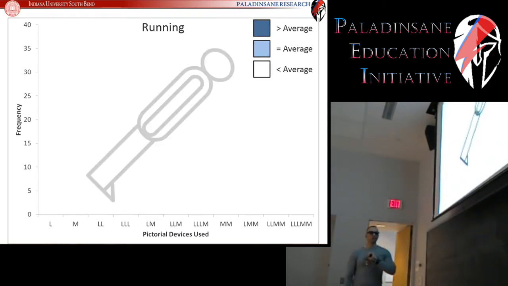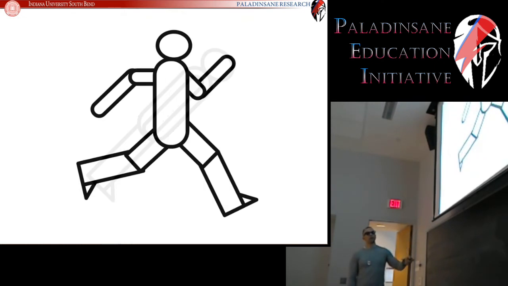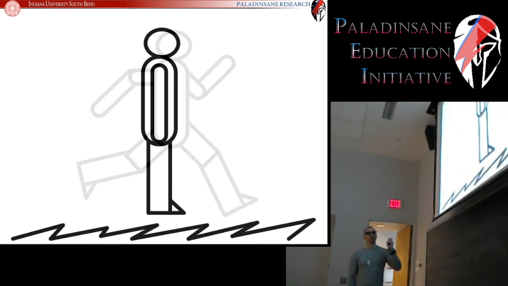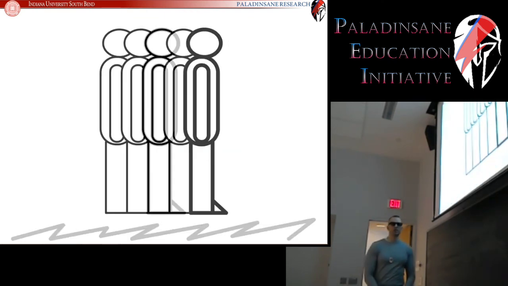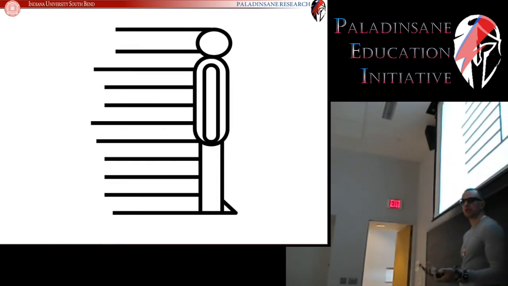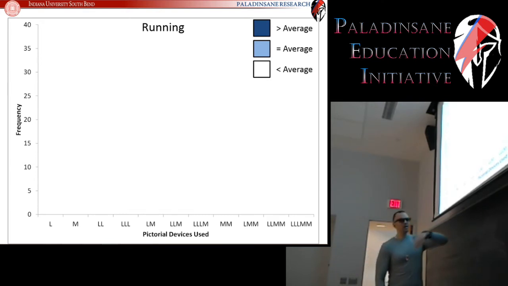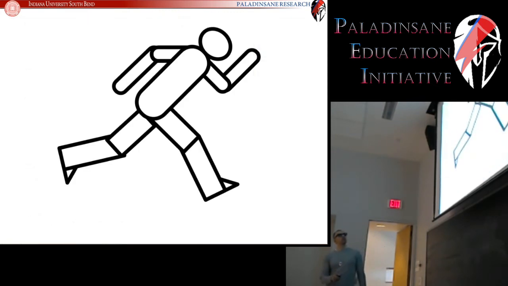So once again, we were looking at single devices. So we have orientation, we got posture, we got ground plane, we got multiple images, and we got action lines. So what combinations of these five devices do professional artists use? And then we can also have, as I mentioned, combinations. So two literal devices, for example, would be shown right here.